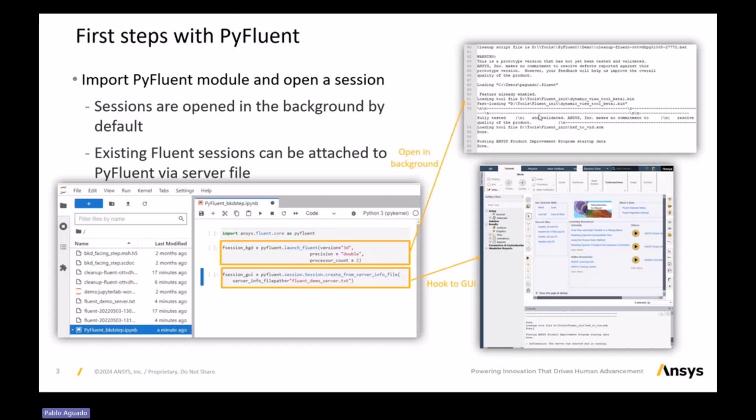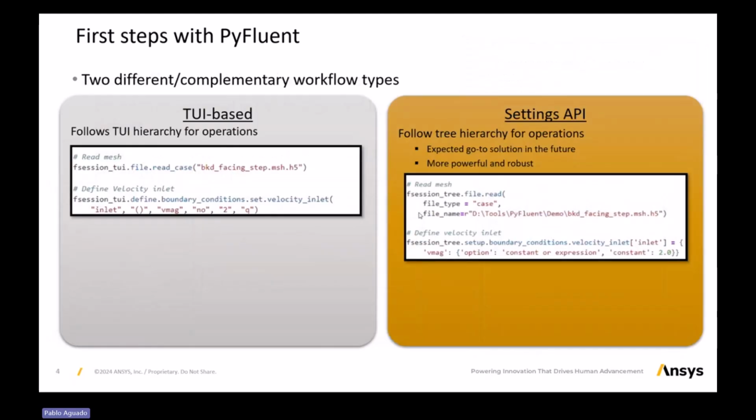This can trigger Fluent in the local computer in the background, or you can connect to an existing Fluent session. For example, if you are connecting remotely to a Fluent session that is running on a cluster, on an HPC server, or in a different remote machine where you have access, you can also connect to that session. So there are different ways you can work with PyFluent.